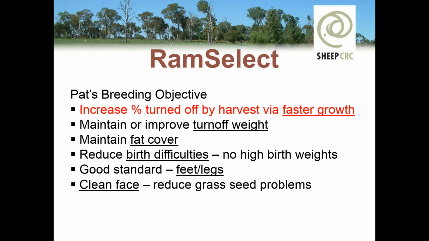I'm not trying to suggest they're the ideal words or the ideal breeding objective, but they're just an example where somebody's tried to present their breeding objective as words. You can see that it introduces individual traits, but often doesn't say how much or by when, or in the end how much emphasis they've got on those traits relative to each other.